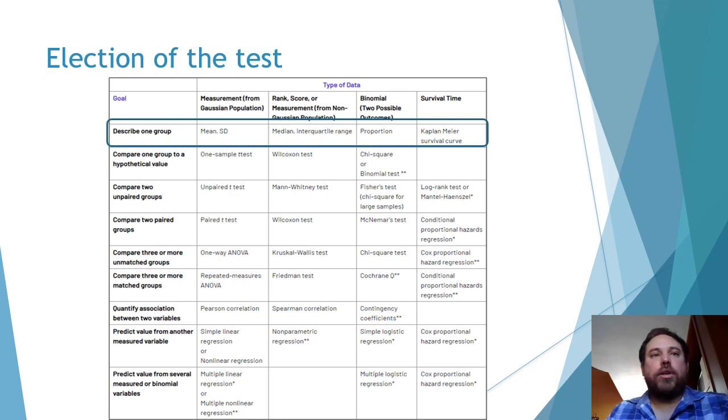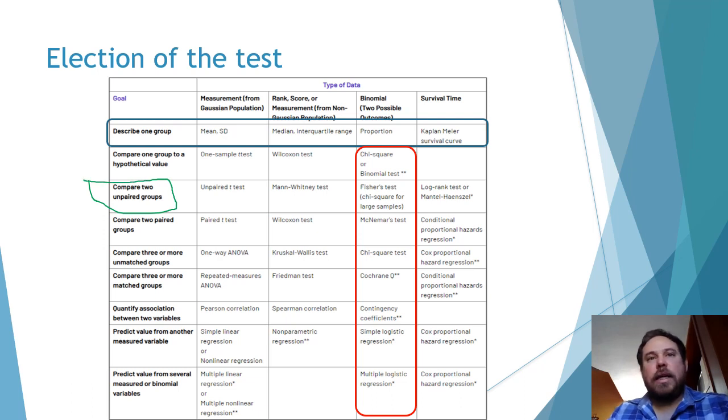So we want to compare two different groups, the ones that are receiving and not receiving the intervention, and we are looking at binomial outcomes, okay? This means that this data is qualitative and nominal, binomial in this case.